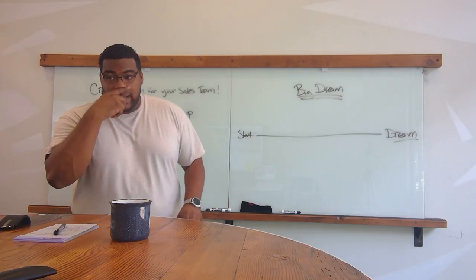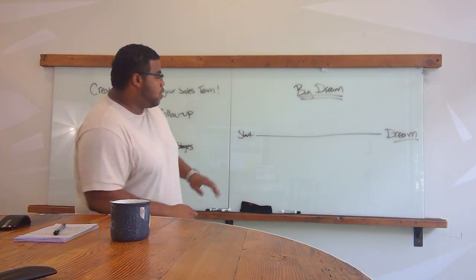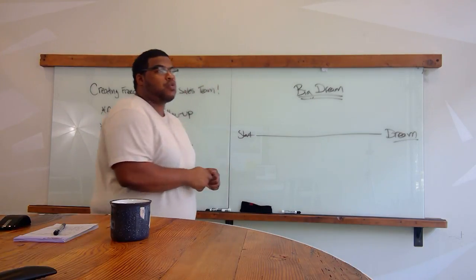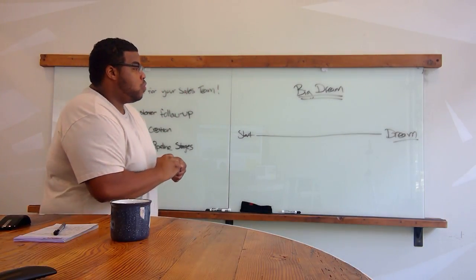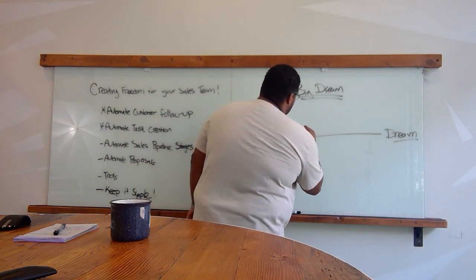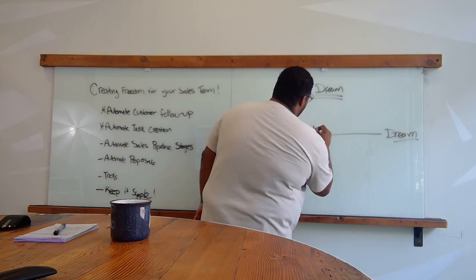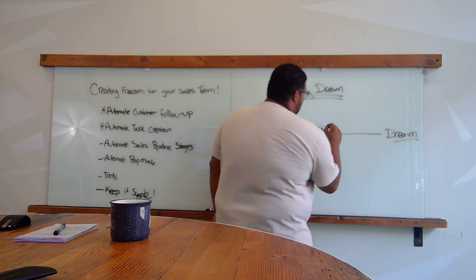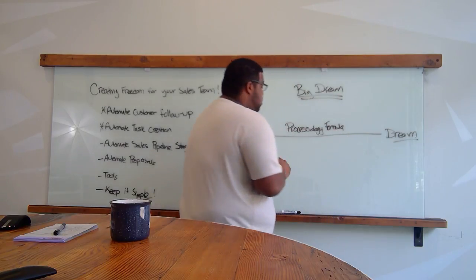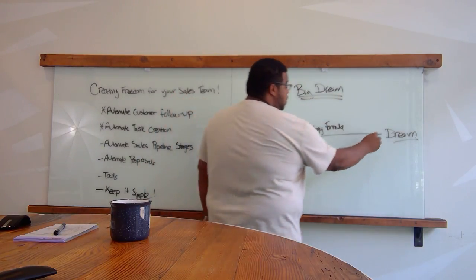But what happens a lot is that while you see this straight line, that's what we're talking about creating, right? So we're talking about using the Processology formula to create this line.